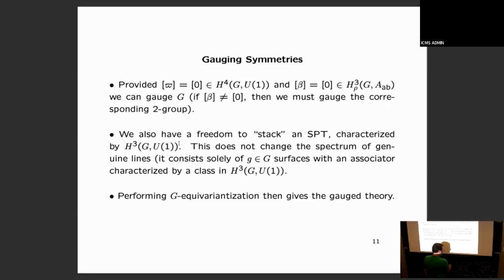So they don't change the content of the genuine lines, but they add some additional degrees of freedom: some additional non-genuine lines attached to G surfaces, which can in general have a non-trivial associator characterized by H^3. So you have this freedom to consider stacking with an SPT and then performing the gauging. Performing G-equivariantization then gives the gauged theory.